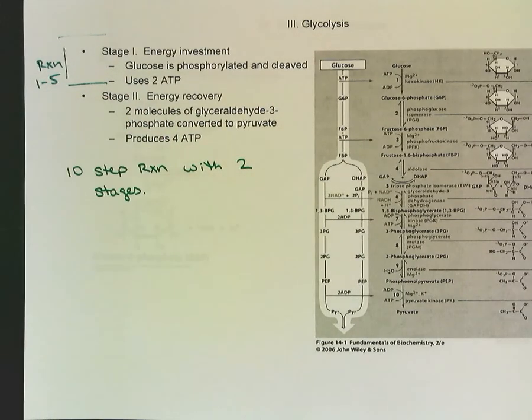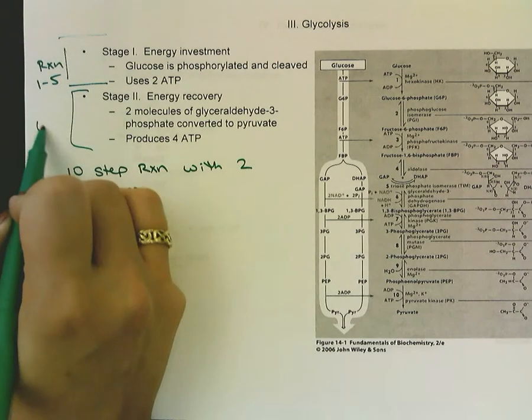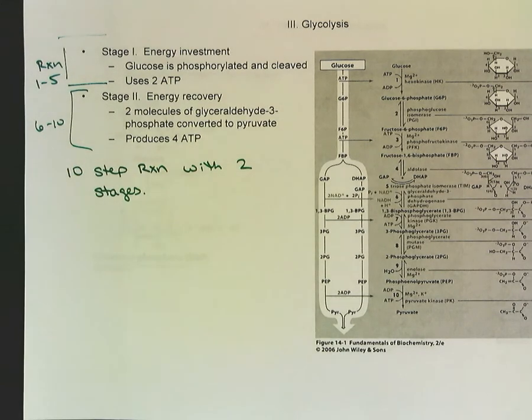Reactions 1 through 5 are our energy investment stages, where glucose is phosphorylated and then cleaved into 2 3-carbon molecules. Stage 2 is reaction 6 through 10, and that's the energy recovery stage. Those 2 3-carbon molecules of glyceraldehyde 3-phosphate are finally converted to pyruvate, and it makes 4 ATP by the end.